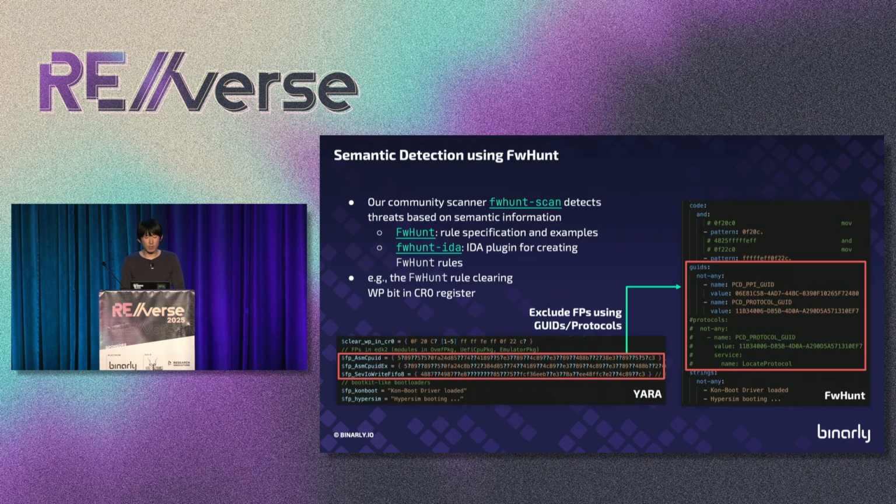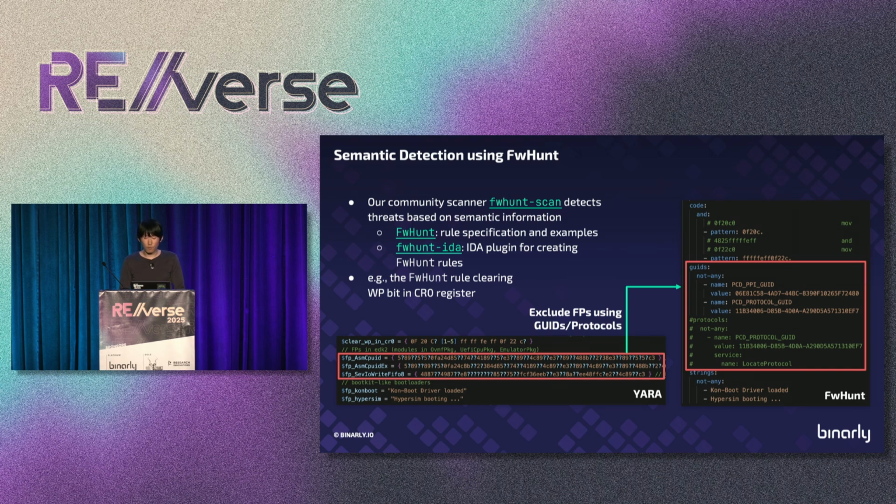Another perspective is semantic detection. Our free tool, Firmware Hunt, enables us to create detection rules based on UEFI GUIDs, protocols, NVRAM variables, and so on.